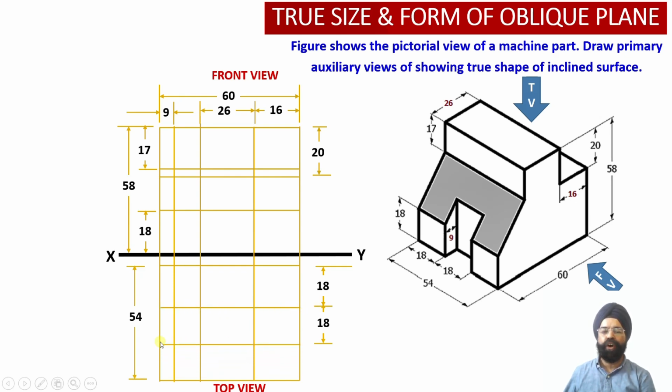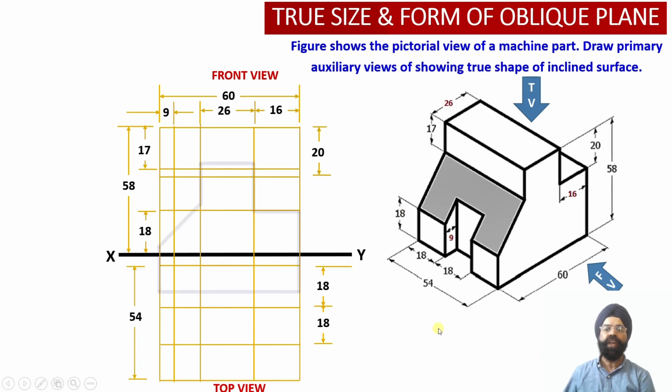The moment we draw these horizontal projector lines, the top view of this inclined surface, for which the true shape needs to be evaluated, is obtained. This is the top view of the shaded portion. This way, all the elements of the solid in the top view have also been located.